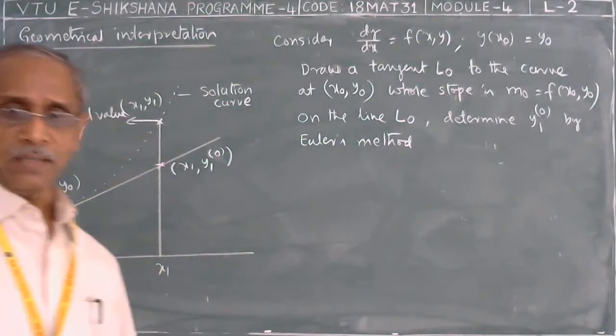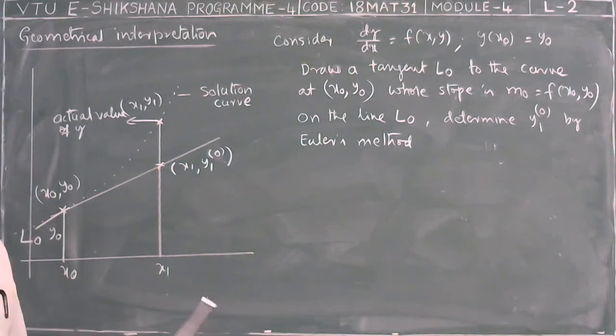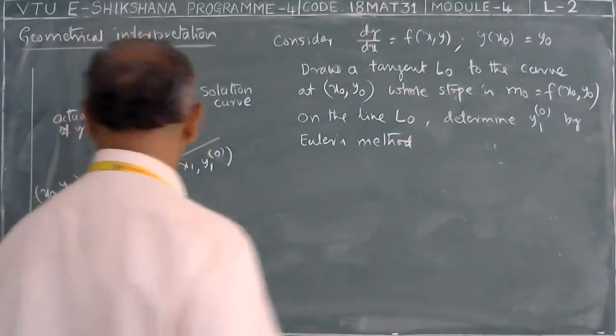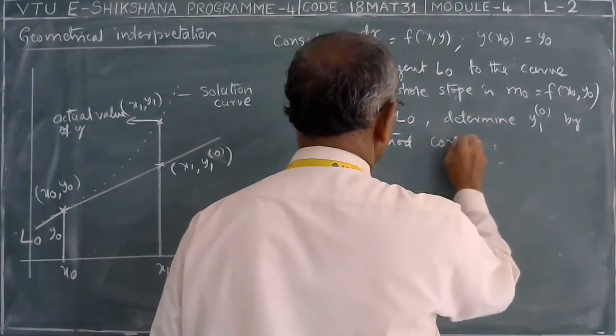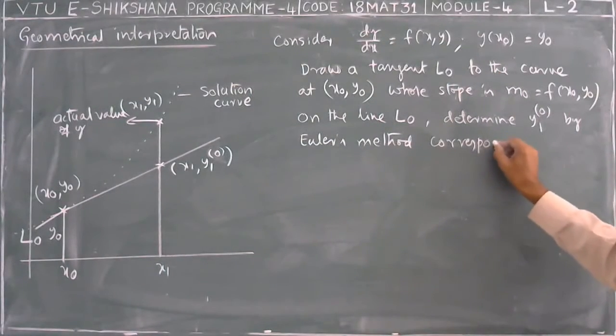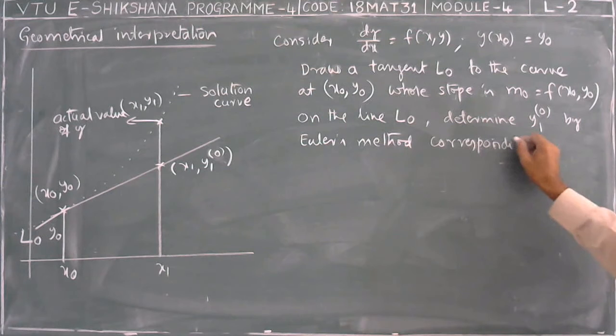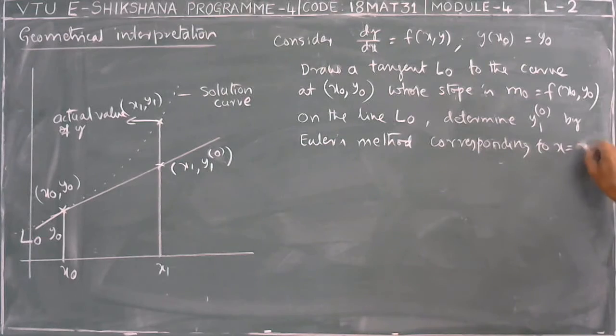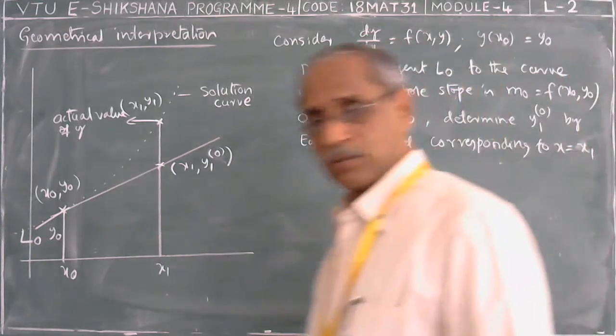On the line L naught, that is tangent to the curve at x naught comma y naught, determine y1 0 by Euler's method corresponding to x is equal to x1.